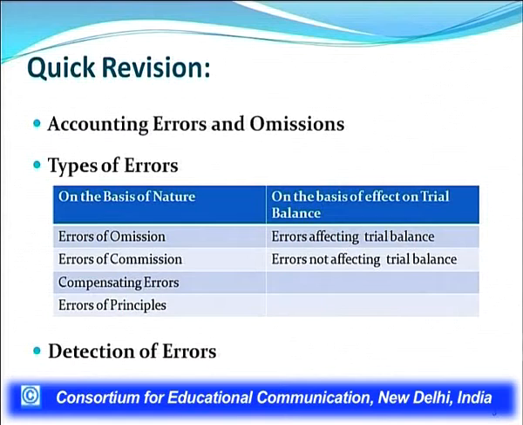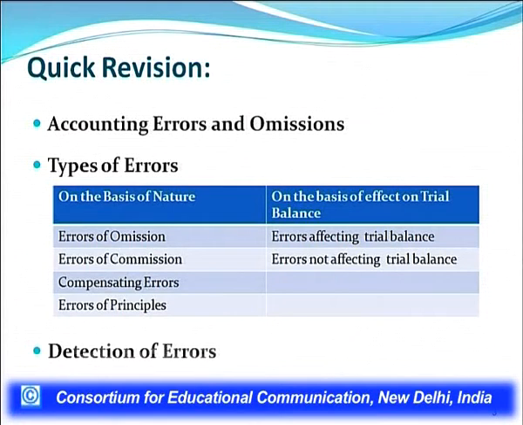After that, we discussed the different types of errors which may be disclosed by the trial balance, may affect the trial balance, and sometimes may not affect the trial balance. So, detecting and correcting errors before preparing financial statements or final accounts is very important. As far as the rectification of errors and omissions is concerned, we shall discuss these topics after the financial statements topic.